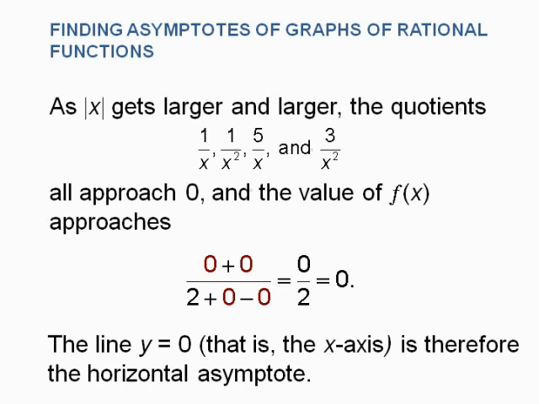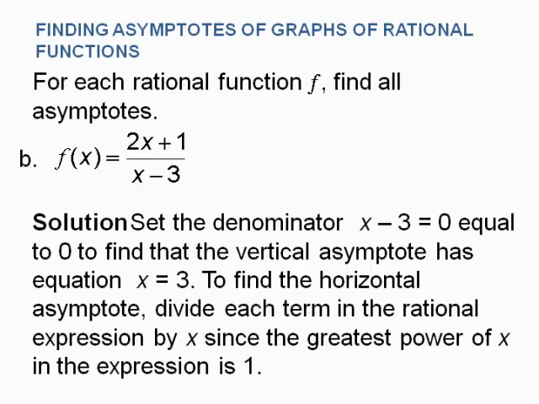As x gets larger and larger and larger, the quotients of all of those things which we divided there approach 0. So if you think about it, 1/10, 1/100th, 1/1000th, 1/1,000,000th, those are all going to go to 0. And what we're left with is this fraction 0/2. And that's how they show, like in calculus and pre-calculus, that the horizontal asymptote is 0.